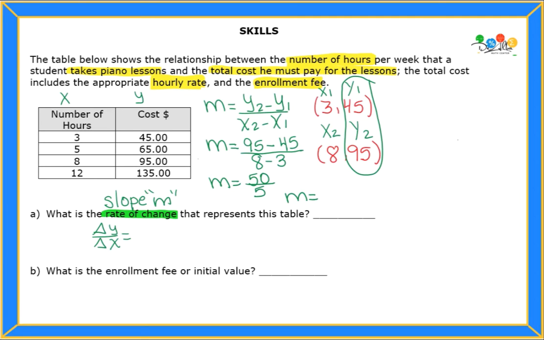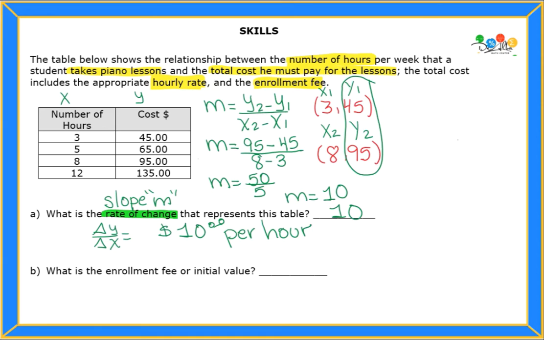If I simplify, m equals 50 over 5, it means 50 divided by 5. And I do get a 10. Therefore, the rate of change for this problem is 10. So if you try to understand what that really means, it means that this student is going to pay $10 per hour. Okay? So that would be $10 per hour.